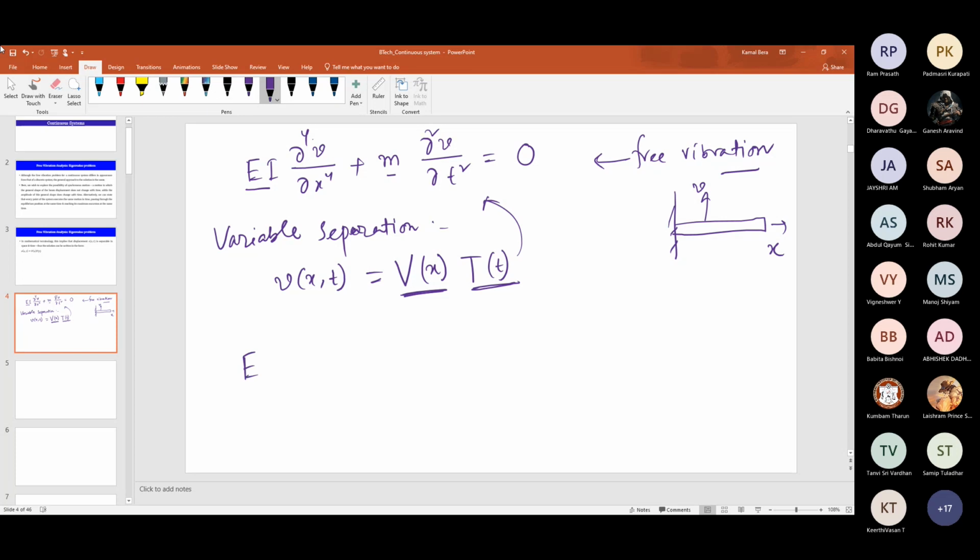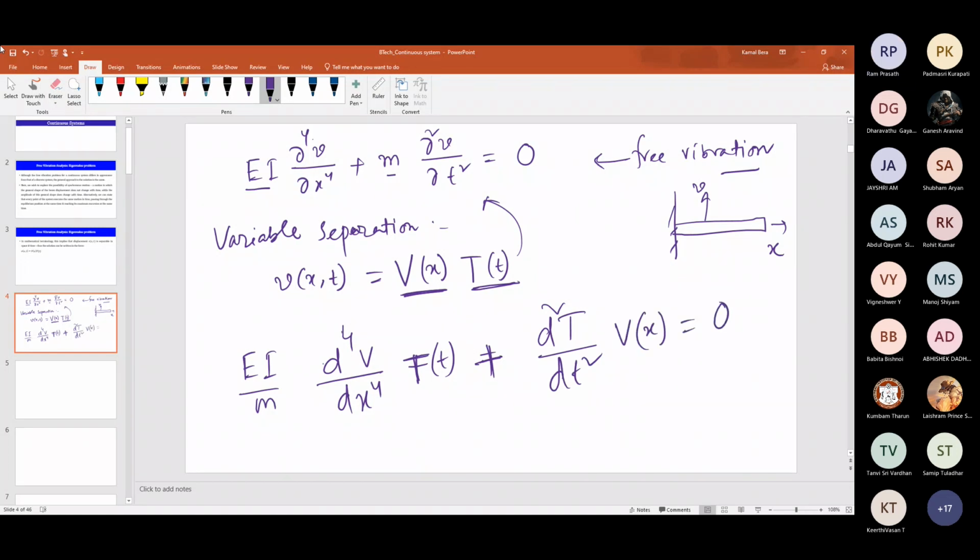EI is there, obviously. Then m, and this will be space dependent, V. So EI d4 V upon dx4 plus m into d2 T by dt2, times V of x.